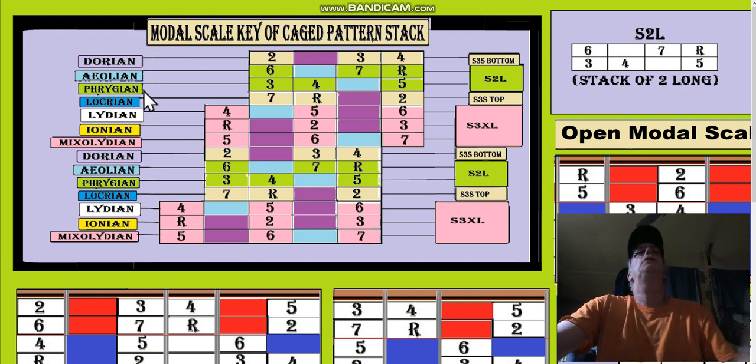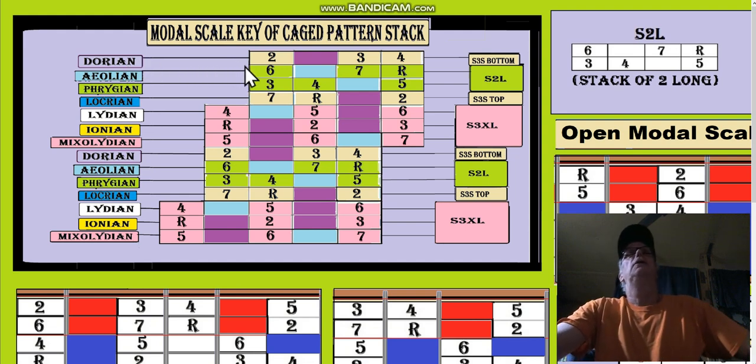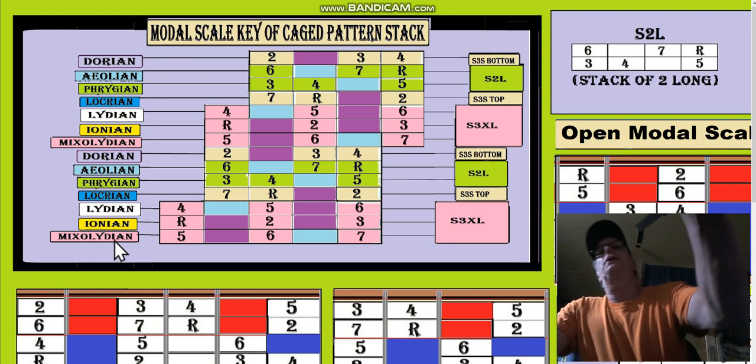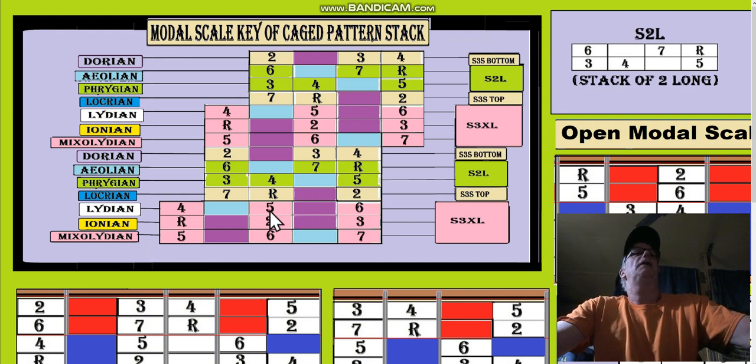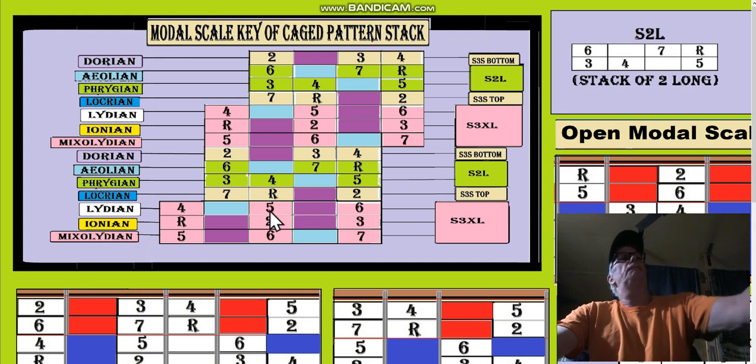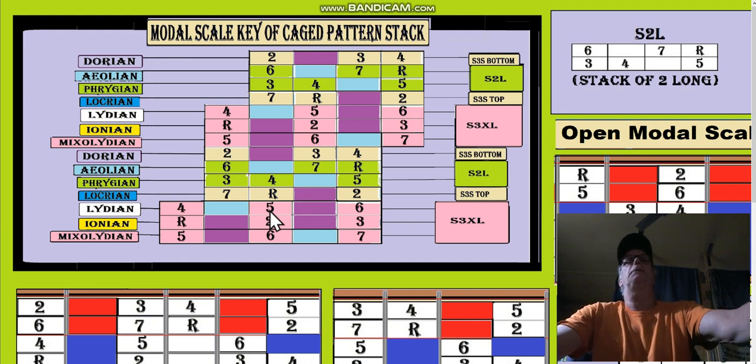This is the modal assignment for each of these degrees of this pattern scale, and it goes twice. So it starts over again, 5, 6, 7. So here's 5, 6, 7, here's 5, 6, 7. A Mixolydian scale starts on a 5 and ends on a 5, and that's the dominant scale.